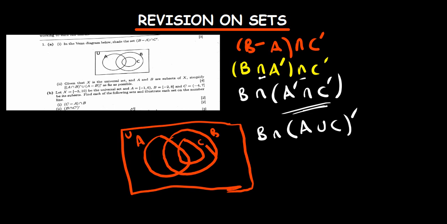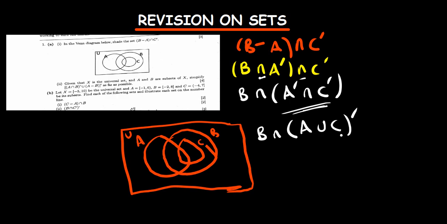To shade this in the Venn diagram, always start with the part which is in the brackets. It will be easier for you. So that is A union C. Which one is A union C?